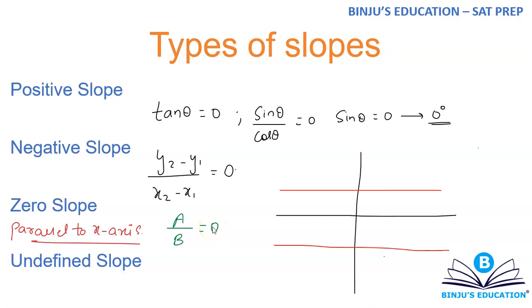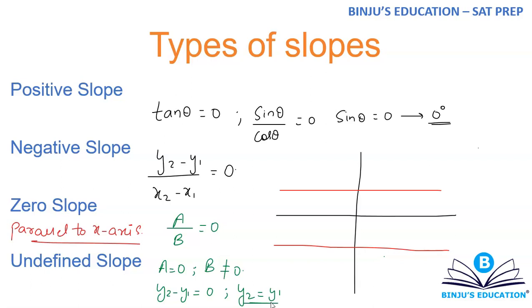If your a by b is equal to 0, in that case a should be equal to 0 and b should not be equal to 0, because we know that in math 0 by 0 is not defined. So if a is equal to 0, you want y2 minus y1 equal to 0, which means y2 should be equal to y1.